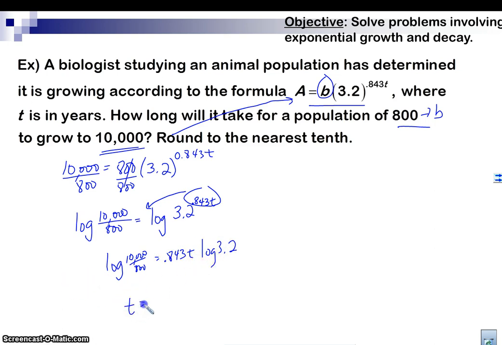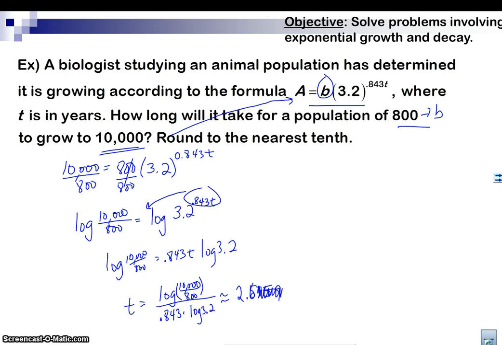So we're going to have t equals log of 10,000 over 800, all inside the log, divided by 0.843 times the log of 3.2. And we're going to figure out what that is in our calculator. And that is going to be 2.5759. Oh, it says round to the nearest tenth. So 2.6.